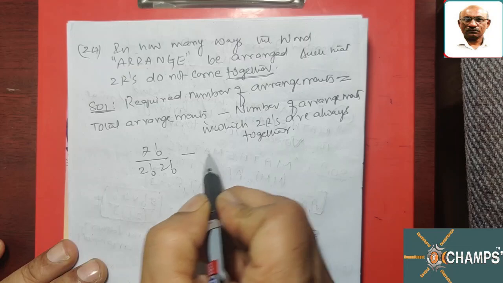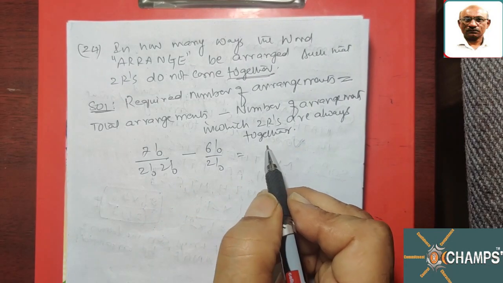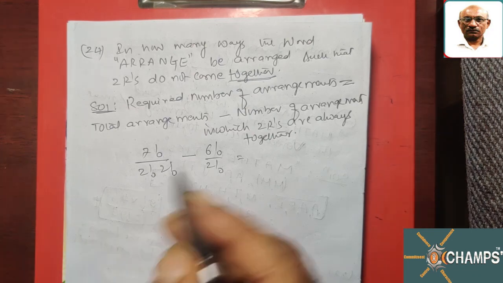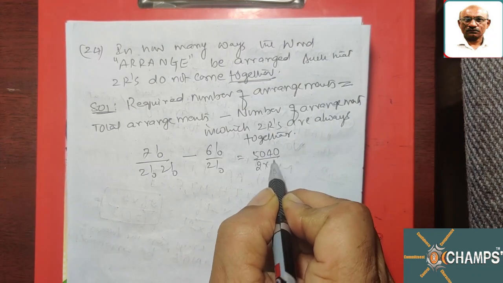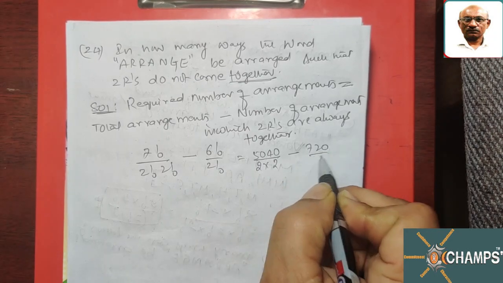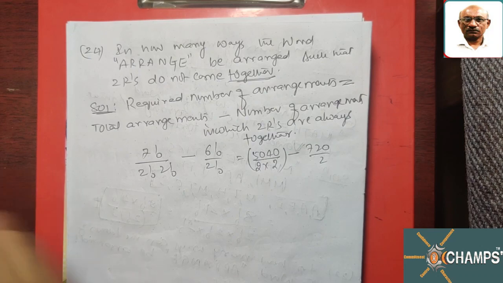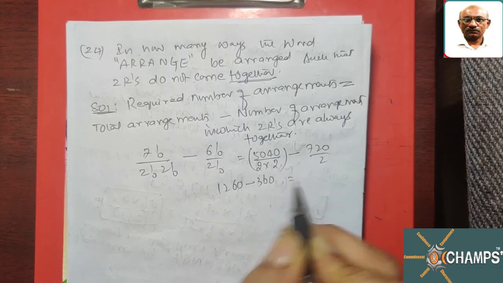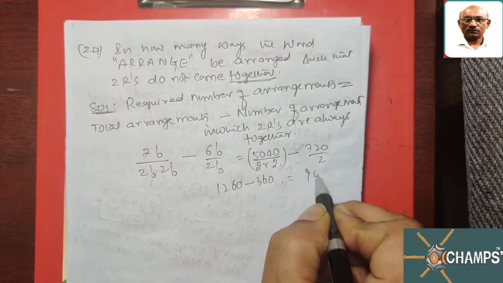Two R's are always together, from the previous question. 7 factorial means 5040 by 2 into 2, minus 720 by 2. 5040 divided by 4 is 1260, minus 360, is 900.